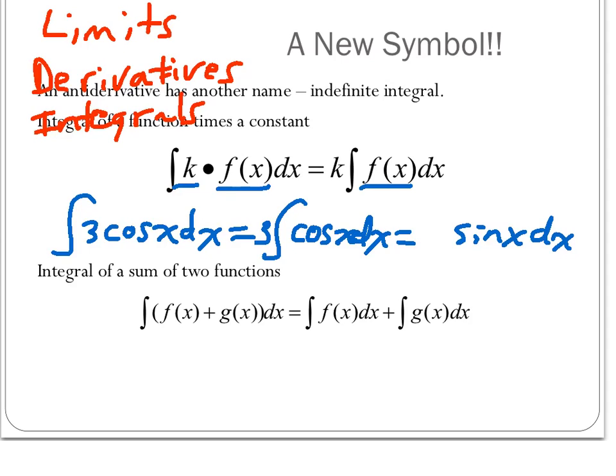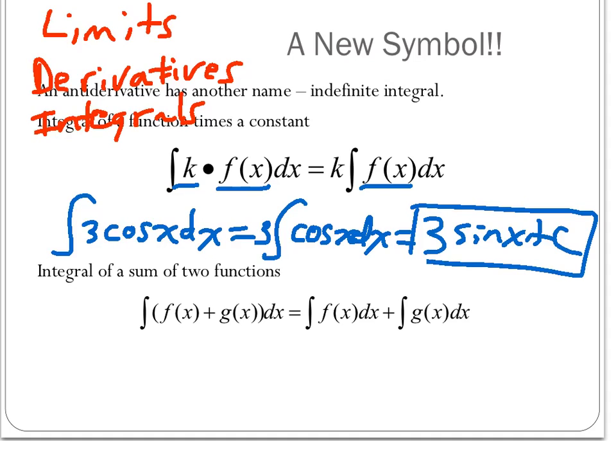Oops, sorry, no dx; that is part of the antiderivative symbol. So we just have to remember to add plus C. But remember, we still have that 3, so we have to multiply by 3. So my answer would be 3 sine x plus C. If you notice here, 3 wasn't really part of my thought process. I found the antiderivative of cosine, and then at the end multiplied by 3.